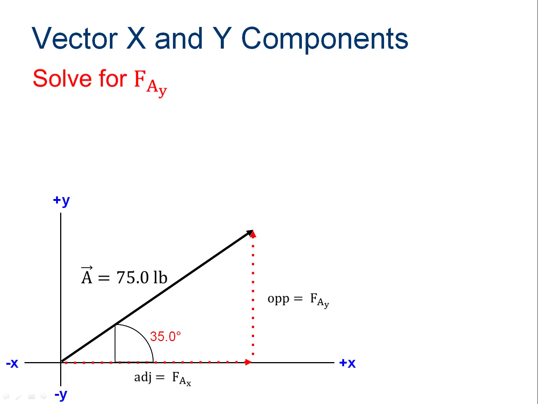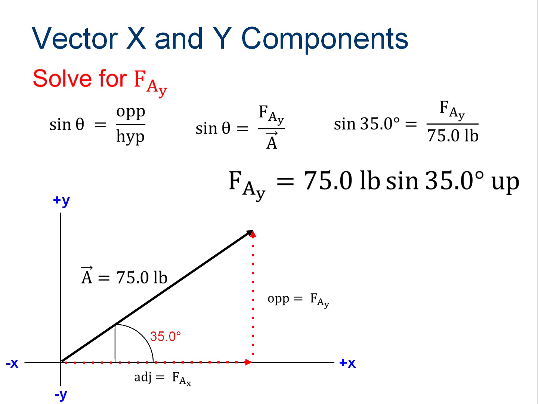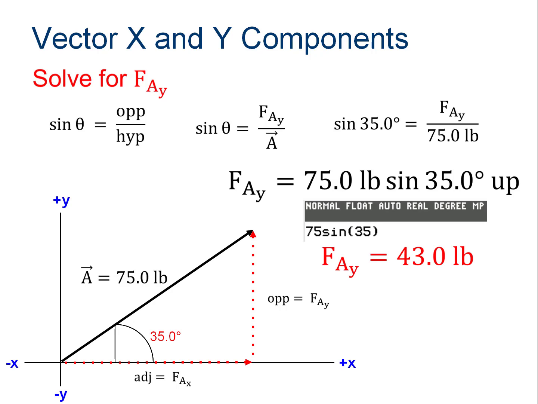Now if I solve for f(a) sub y, I do that same relationship. The sine of 35 degrees is equal to f(a) sub y divided by 75 pounds, or f(a) sub y is 75 pounds times the sine of 35. This time it is actually up. There it is in my calculator, and I get 43 pounds up.